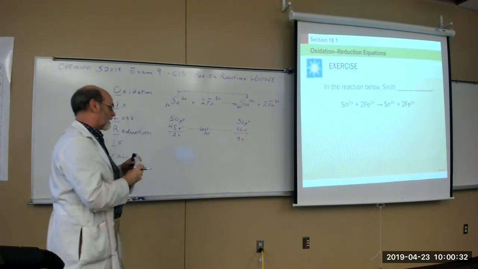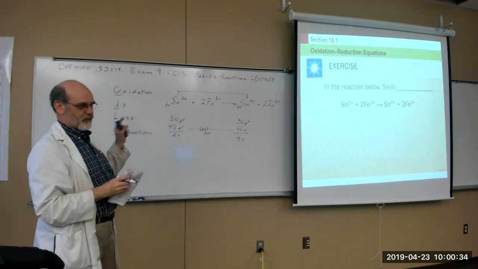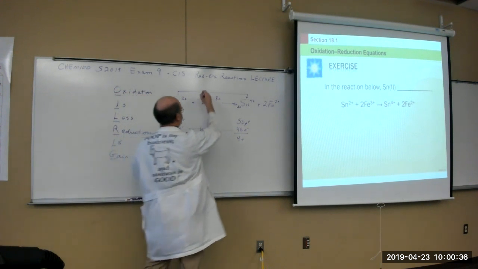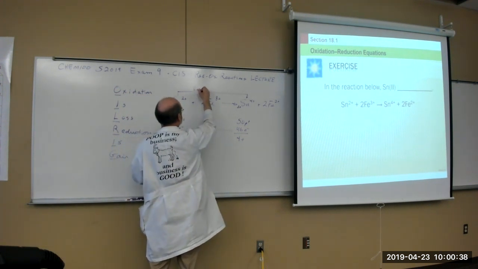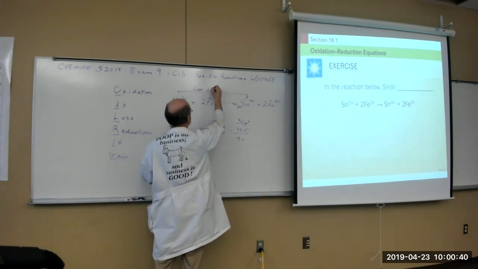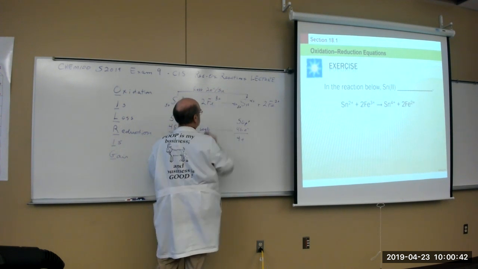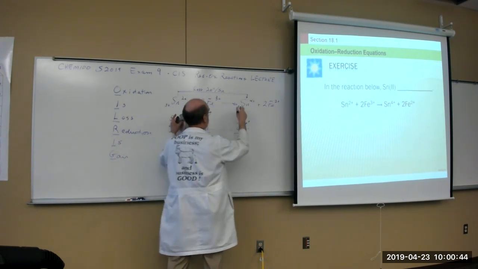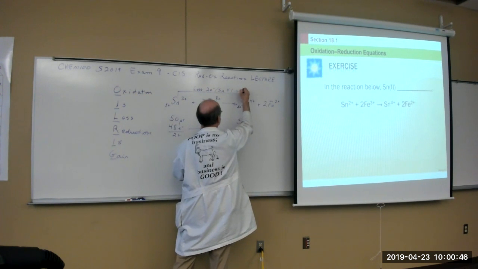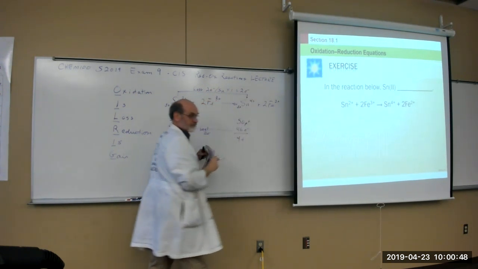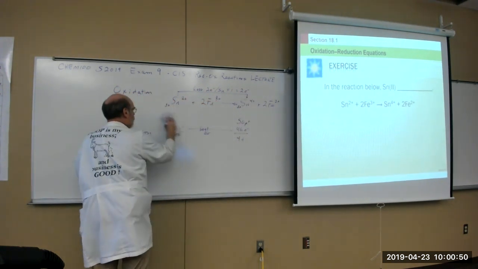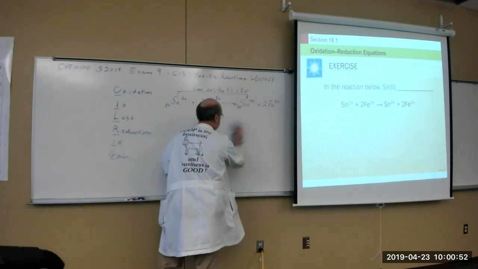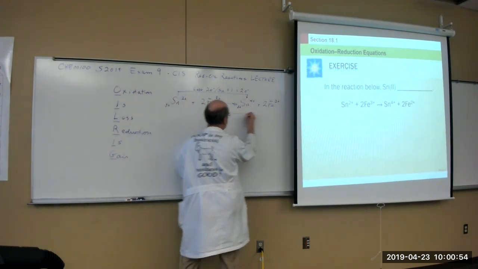Okay. I'm bound and determined to get there one way or another. So this is a loss of 2 electrons per tin. And since we only have 1 tin, the total is 2 electrons. Okay. Now we use similar reasoning to go from this iron to that iron.